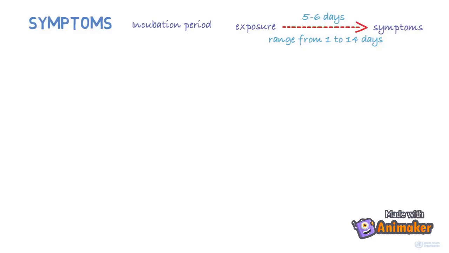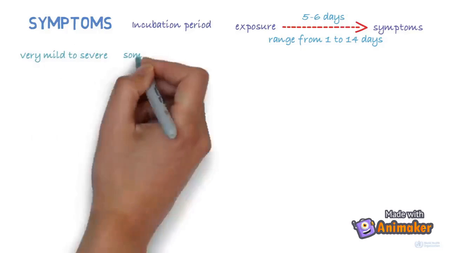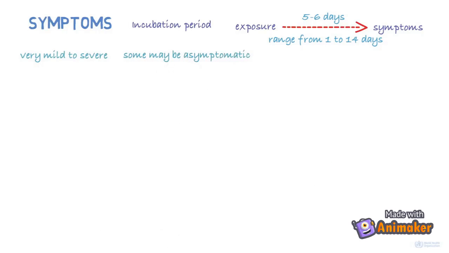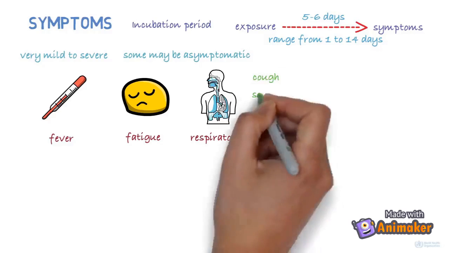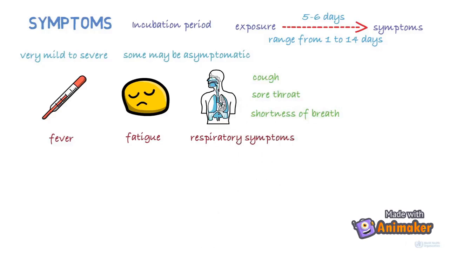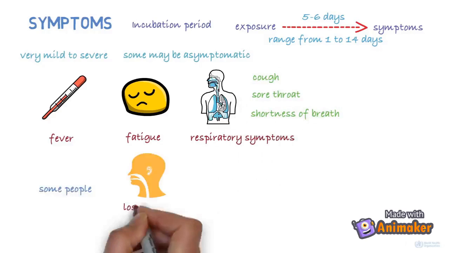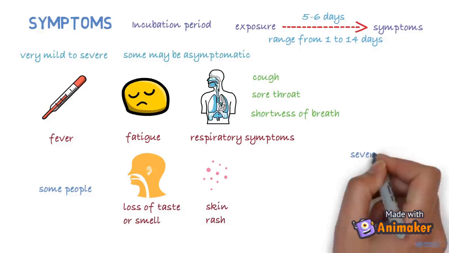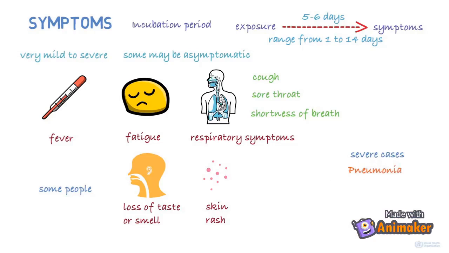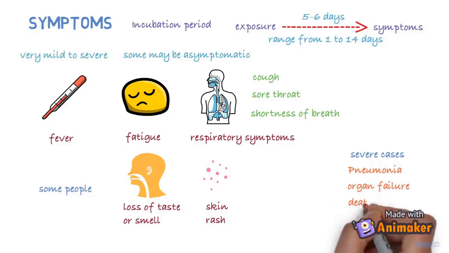There can be a range of symptoms, from very mild to severe. Some people may not develop symptoms. Common symptoms include fever, fatigue, and respiratory symptoms such as cough, sore throat, and shortness of breath. Some people reported loss of their sense of taste or smell, and some may develop a skin rash. In more severe cases, there could be pneumonia, organ failure, and sometimes death.